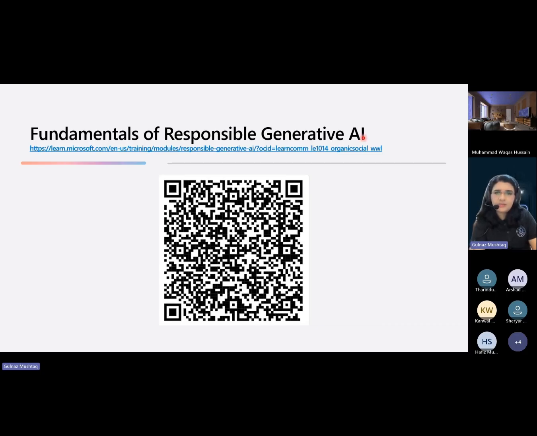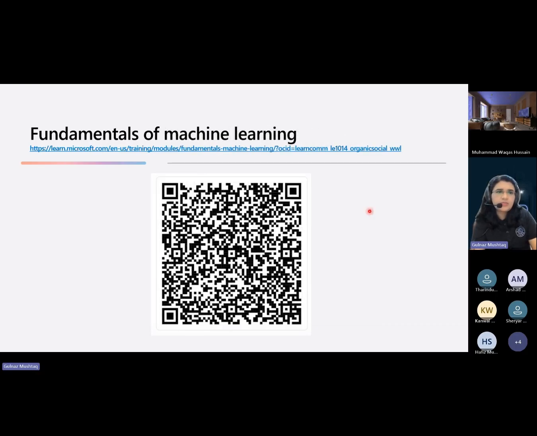What next? There is something about machine learning, fundamentals of machine learning. Okay, so everything is all about the most popular cloud, Microsoft Azure, right? So being a new learner, you can start learning, and once you get most of the concepts, you can go further.